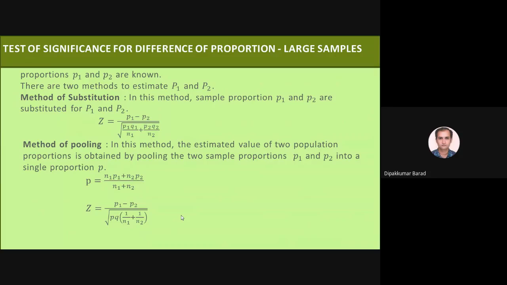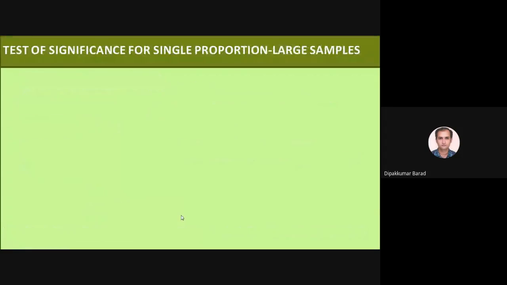So these are the two methods whenever we haven't been given capital P1 and capital P2 but have been given small p1 and small p2. Now the critical value, Z alpha, is obtained according to the given level of significance alpha. Then we compare it with mod Z, the statistic we found.